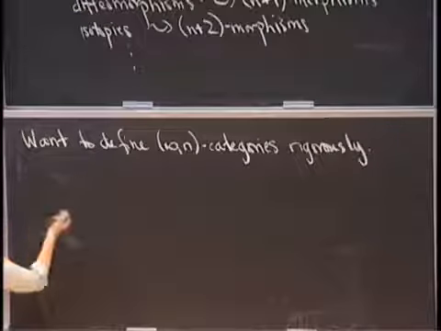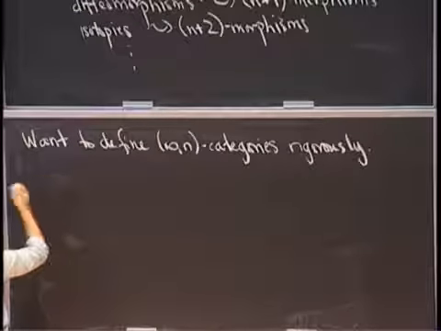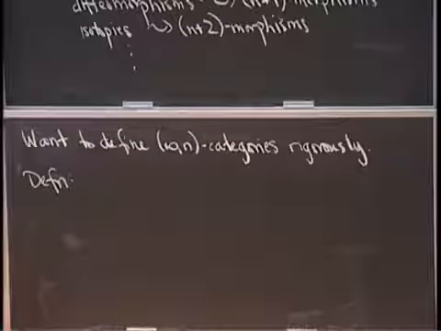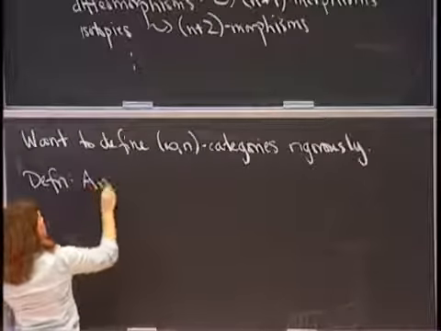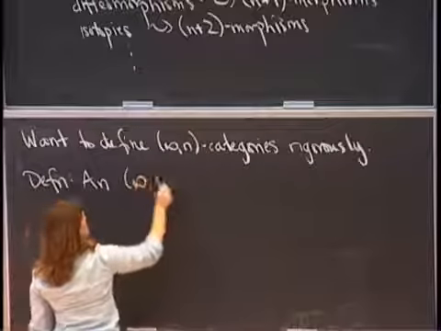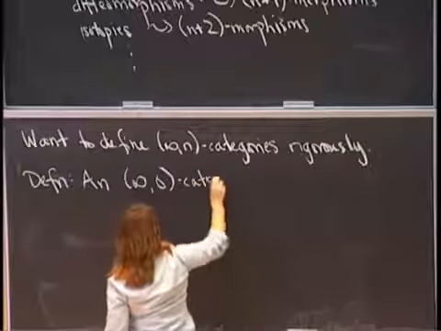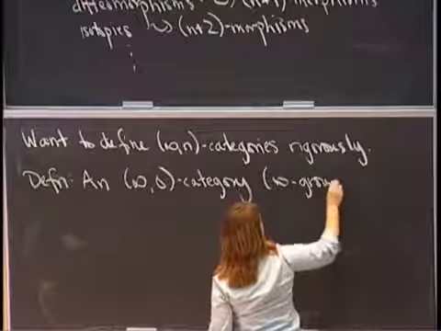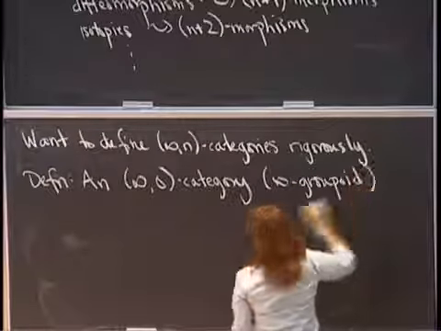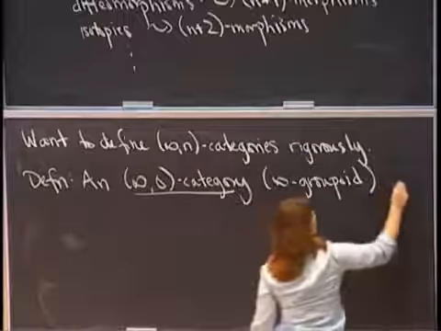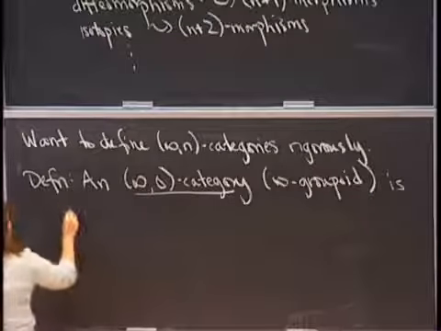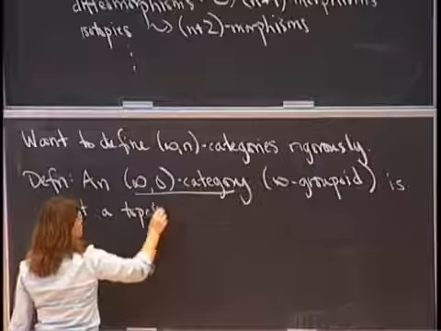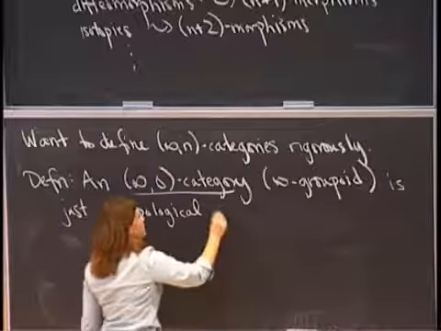So it's often just, we take this as a definition and just say, well, an infinity zero category, or again, infinity groupoid, if you like, is just a, well, take your pick, whether you like topological spaces or simplicial sets.